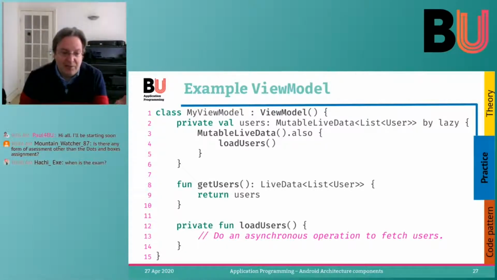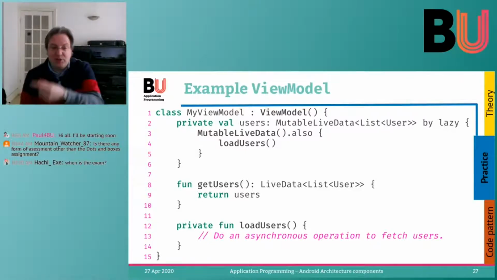In this case, we make it a lazy property. So only when you ask for this, it will actually do anything. When you ask for it, it creates this mutable live data, and then with that object, it will also call load users.